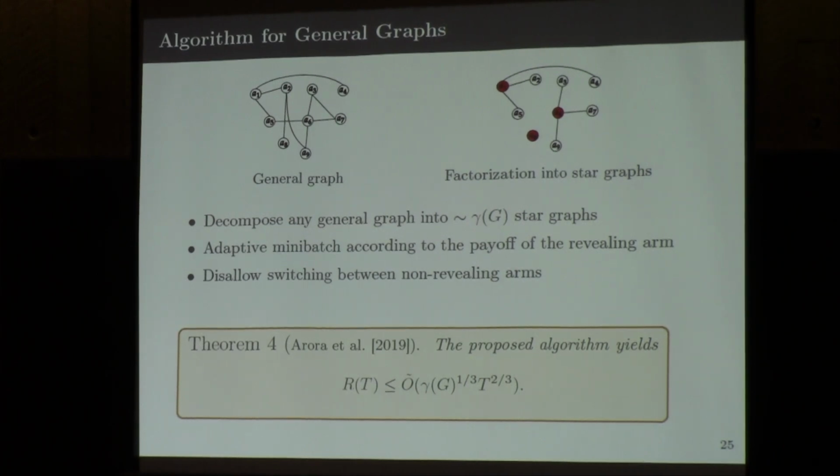The adversary doesn't get to control the feedback graph. There could be settings where the adversary also gets to control the feedback graph, and there you can construct adversaries which try to construct different feedback graphs at each round, which are somehow hurting the performance of the learner.